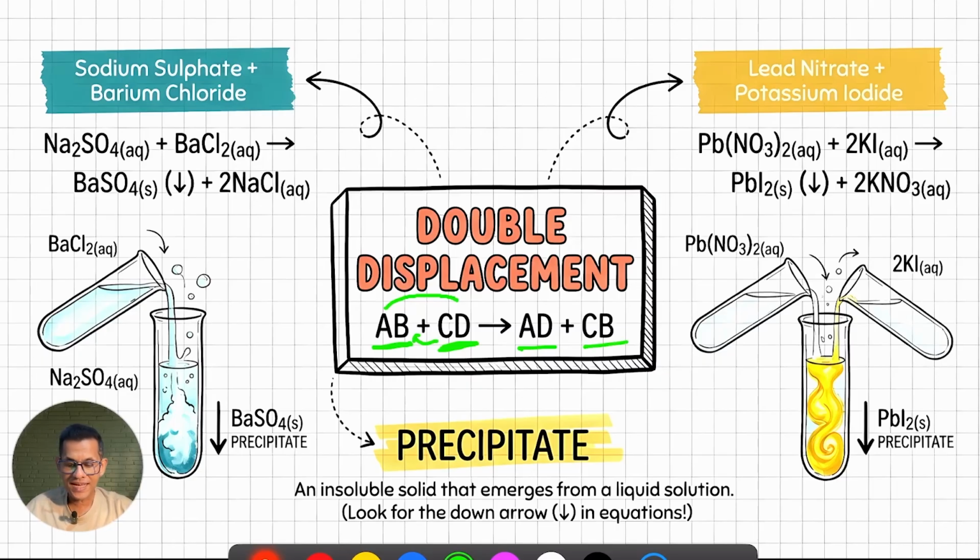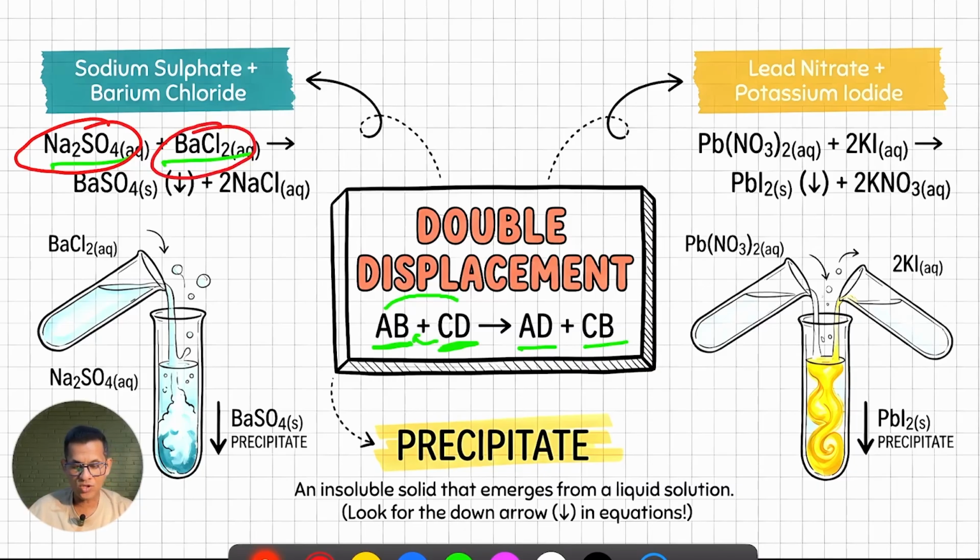These types of reactions occur between ionic compounds. Just for your information, ionic compounds are compounds formed by the combination of one anion and one cation. For example, sodium sulfate and barium chloride. If I react sodium sulfate and barium chloride, they are going to exchange their ions. Sodium sulfate has the formula Na2SO4, and barium chloride has the formula BaCl2.